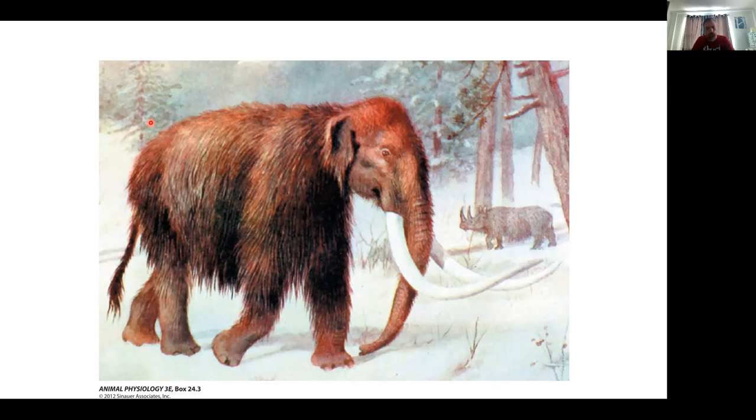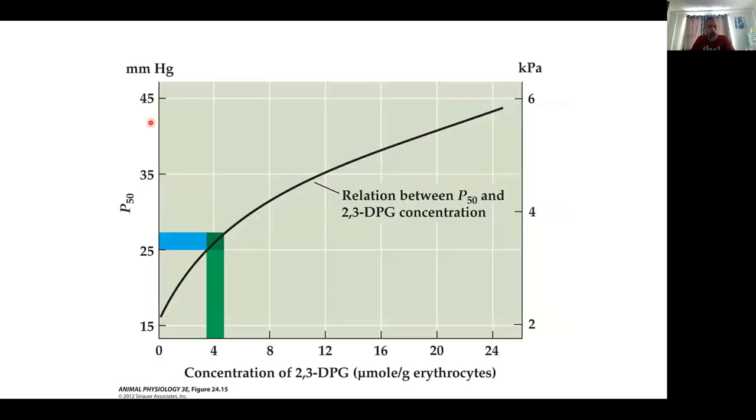So far, we've looked at effects of carbon dioxide and pH, our Bohr effect. We've looked at temperature effects on our P50. There's one other big factor that we need to talk a little bit about, and this is a little chemical called 2,3-DPG. What 2,3-DPG does is it raises P50, so it lowers affinity.